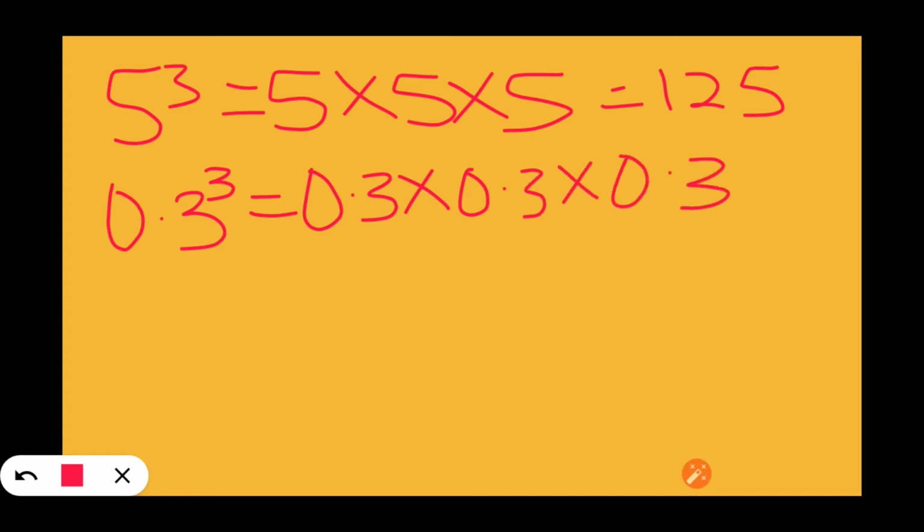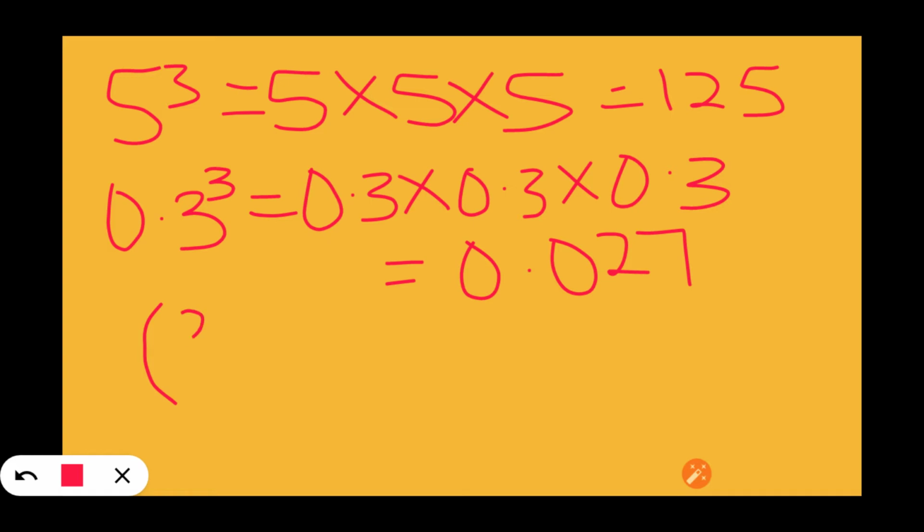I'll be multiplying this out. This is multiplication of decimals. We have done that before, and we all know our multiples, so we'll just multiply this out. 0.3 times 0.3 times 0.3 gives me 0.027.